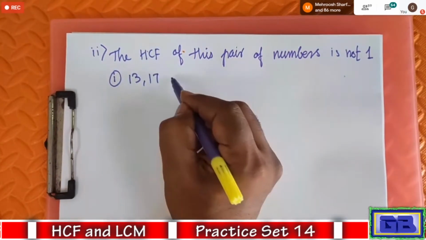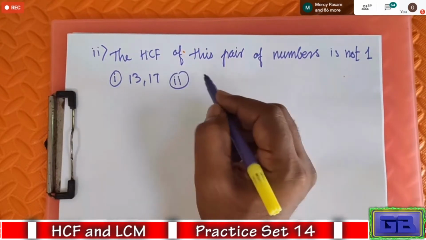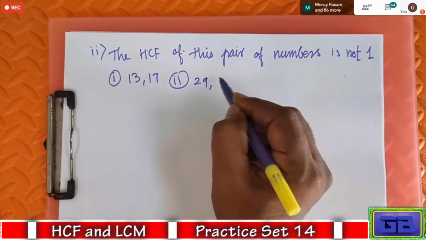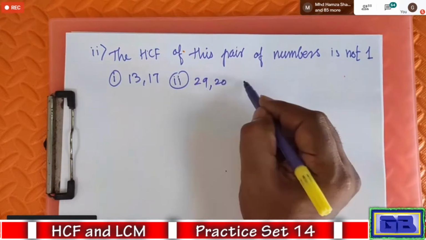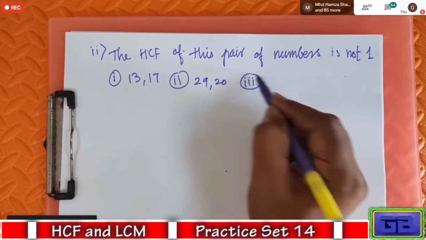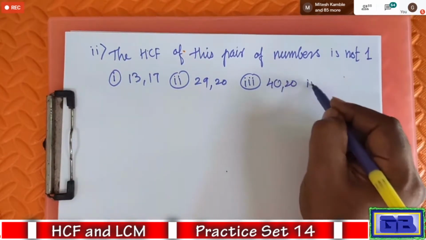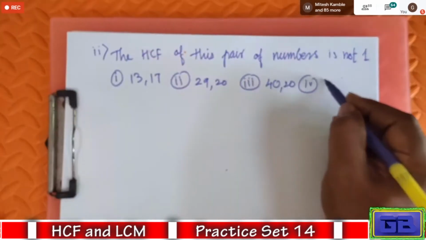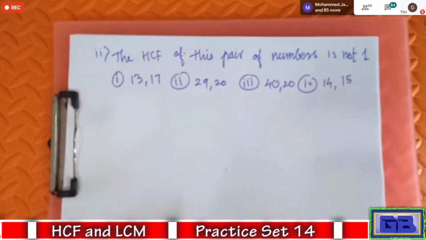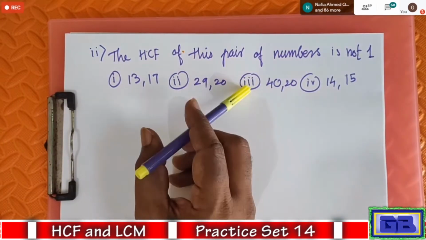Options: 13, 17; 29, 20; 40, 20; 14, 15. Correct. 40 and 20, the third option, is the correct answer.